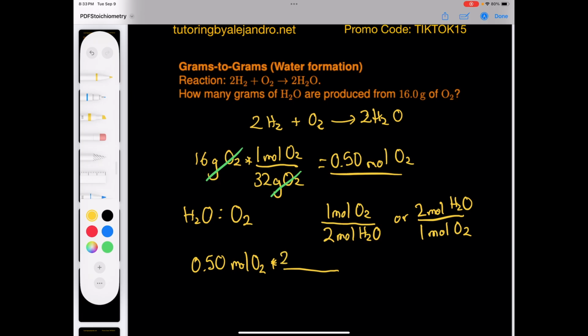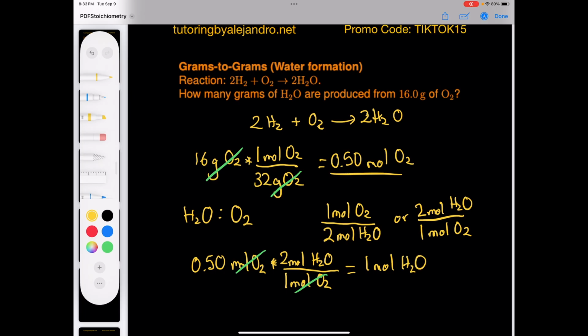So that is 2 moles of H2O over 1 mole of O2, okay? These cancel out, right? And that gives me 0.50 times 2, right? That's just 1 mole of H2O, okay?